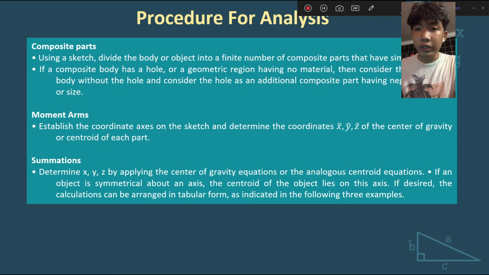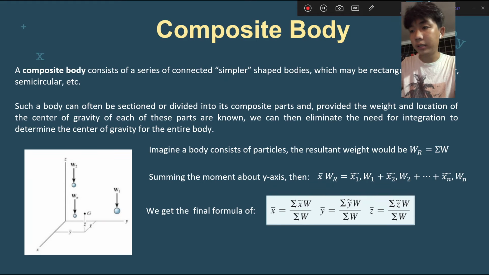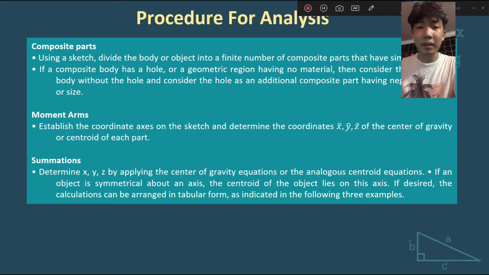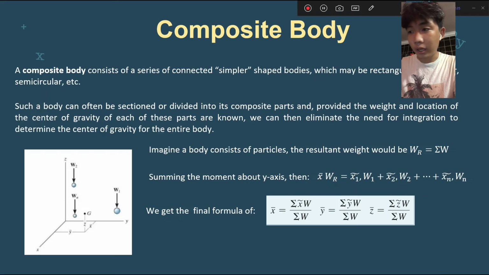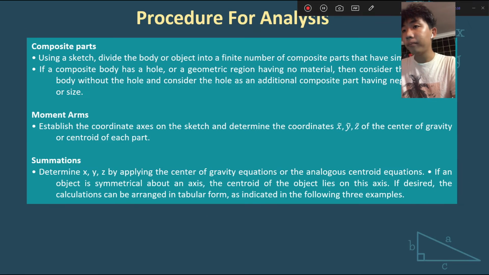For the moment arm, we should establish the coordinate axes on the sketch and determine the coordinates of the centroid. For the summation, after we find all the x, y, and z respectively, using a sigma on each segment of the body, we can add the whole thing together like the equation shown earlier, to find x bar, y bar, and z bar by just summing them up together and dividing by the whole weight.